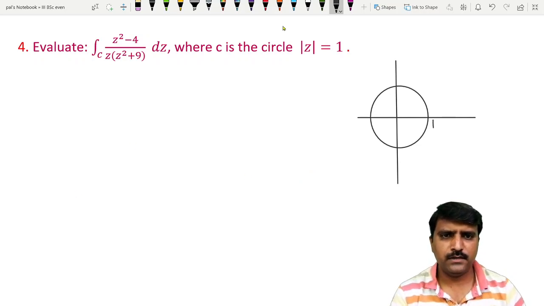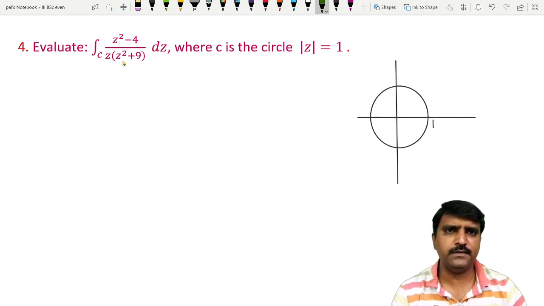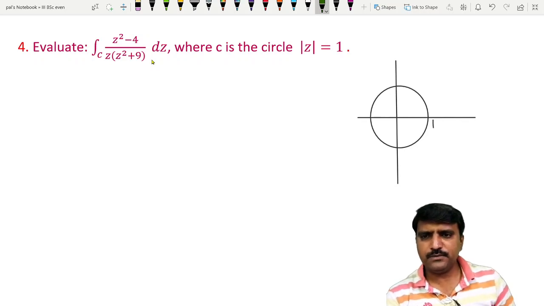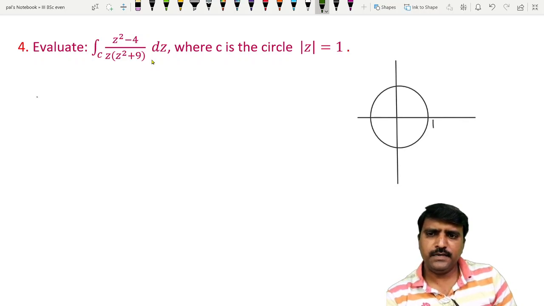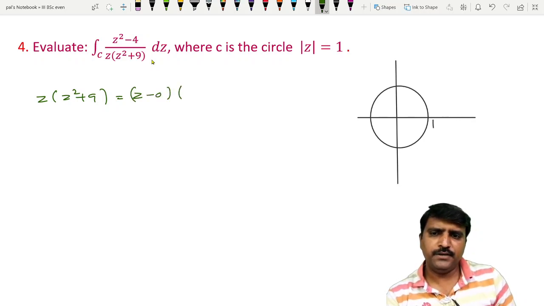Okay, so now in the denominator we have z into z square plus 9. If you solve this, z is equal to 0, or z square plus 9 is 0. If you factorize this, you can write z into z square plus 9 as linear factors: z minus 0, z plus 3i, into z minus 3i.